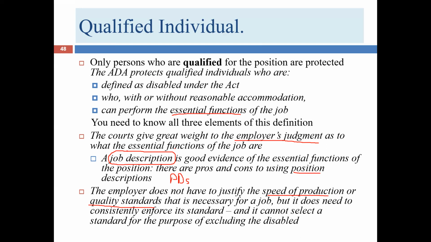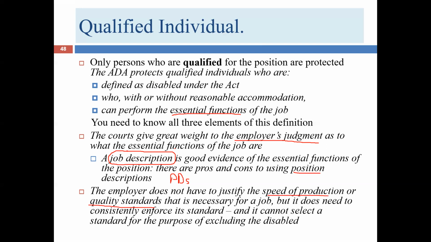Or let's say the employer says, well, no more than 3% of your widgets can fail to pass inspection. Again, that's a standard that the employer gets to set. But the employer has to consistently apply that standard to everyone.